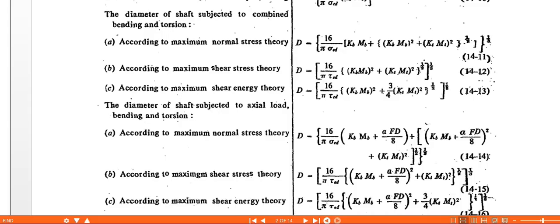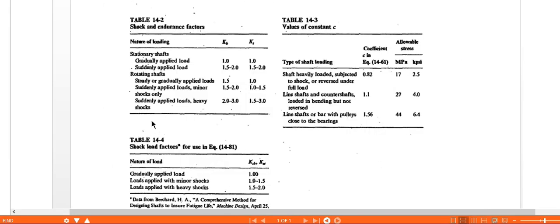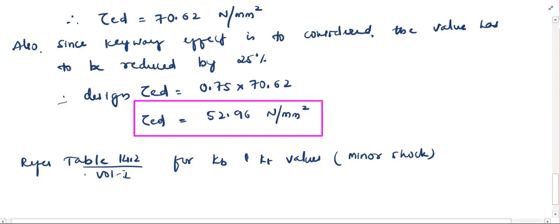So open the data handbook. We have table 14.2 where, for a rotating shaft with minor shock conditions, you can see the suddenly applied loads, minor shock conditions. The range for KB is 1.5 to 2 and for KT is 1 to 1.5. So let us find the KB and KT values.